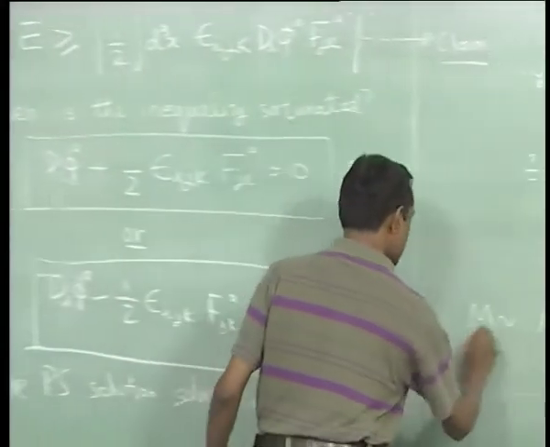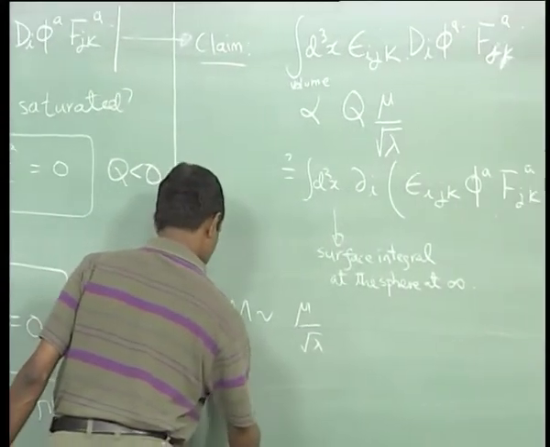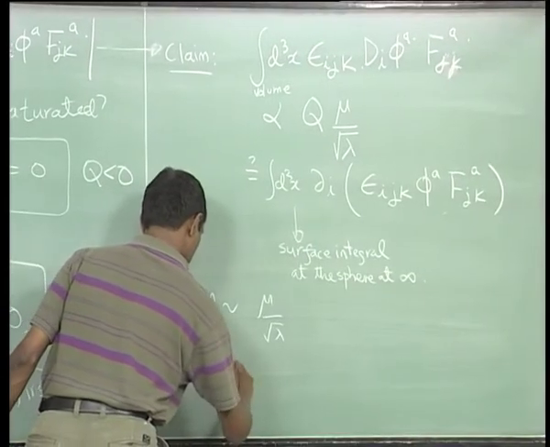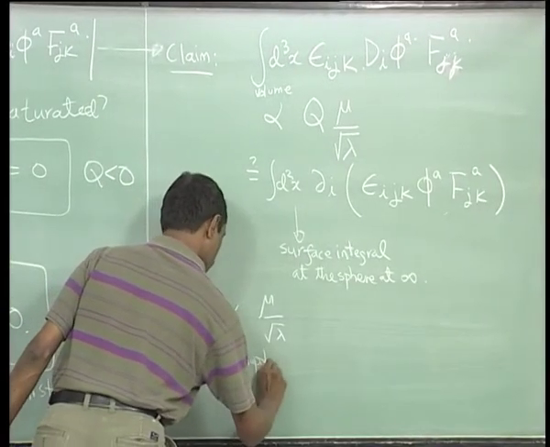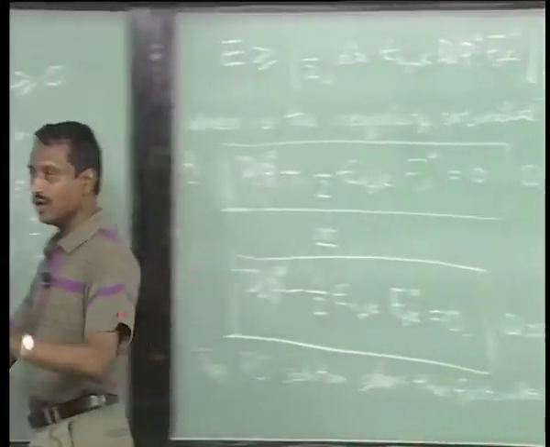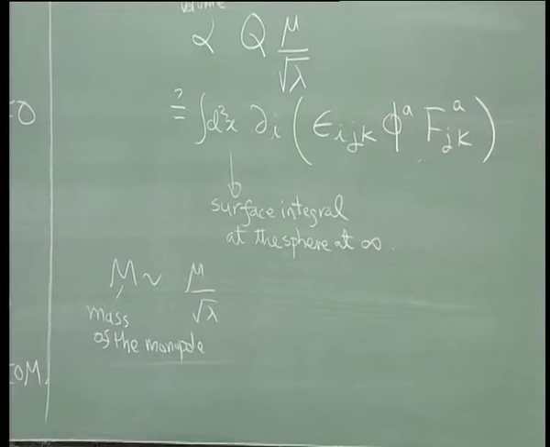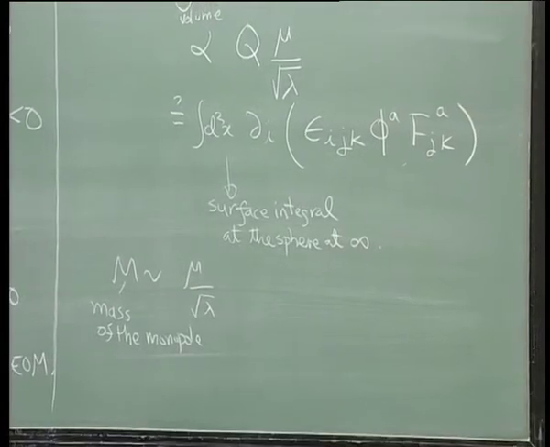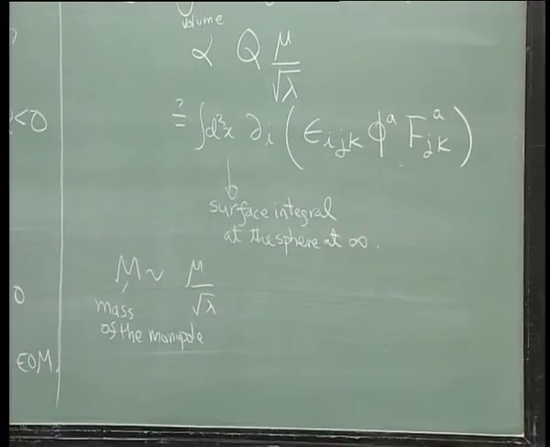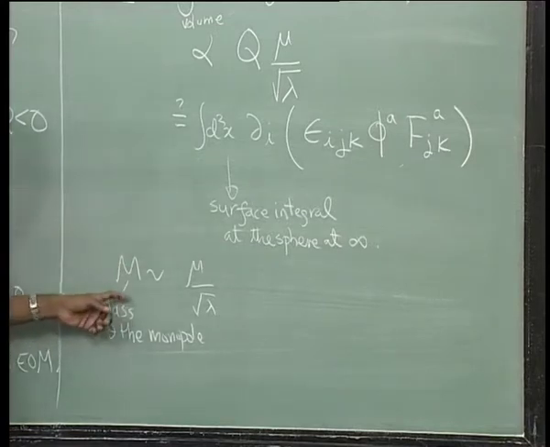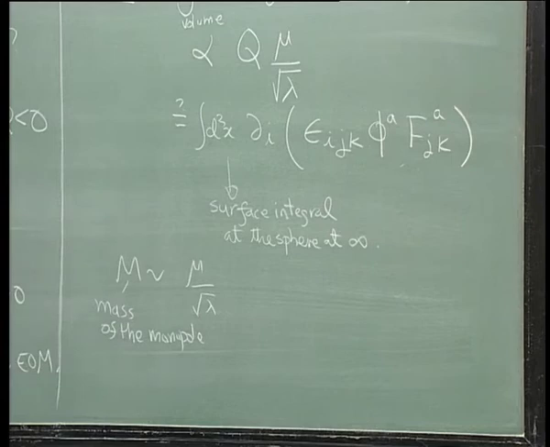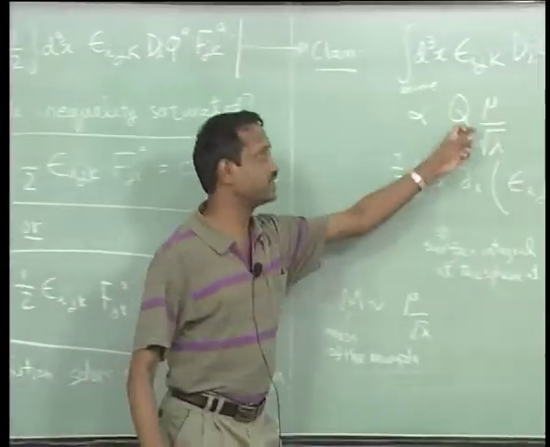So this is the mass. This is exactly like the kink solution which we saw: the energy will be concentrated in some core region and it will fall off to 0, so the asymptotic parts do not contribute. The point about solving these first order equations is that the mass is determined by the charge.